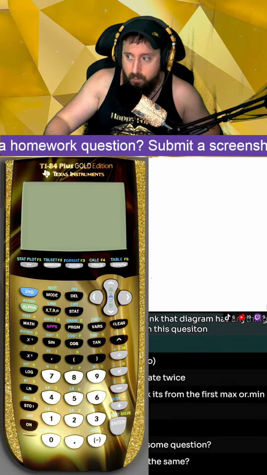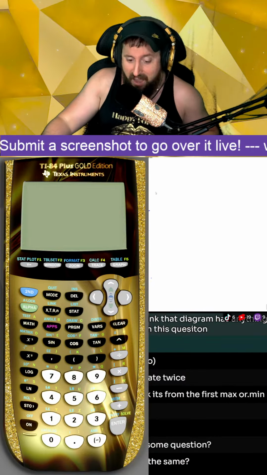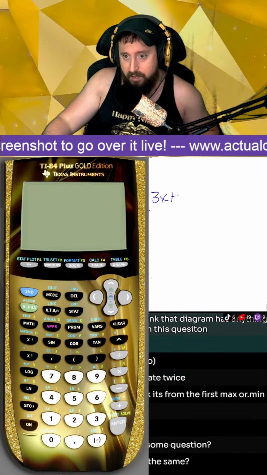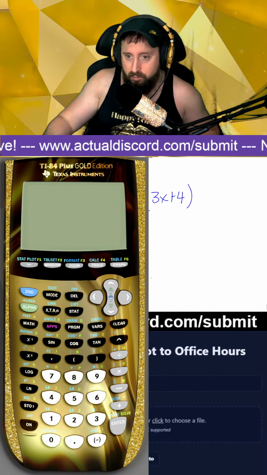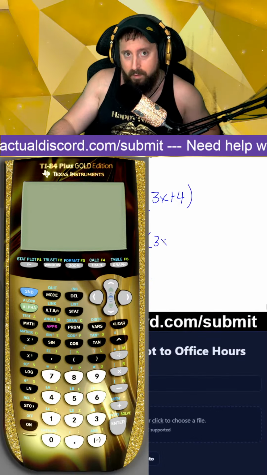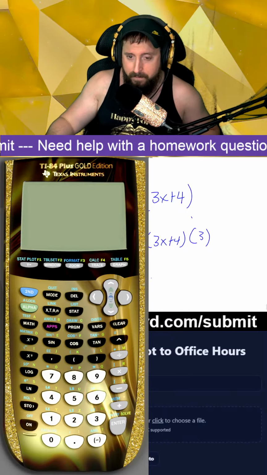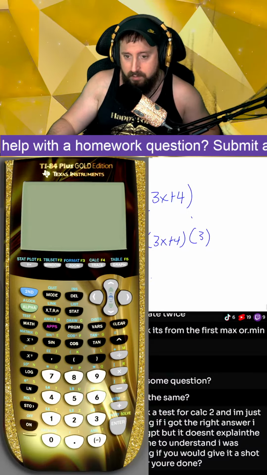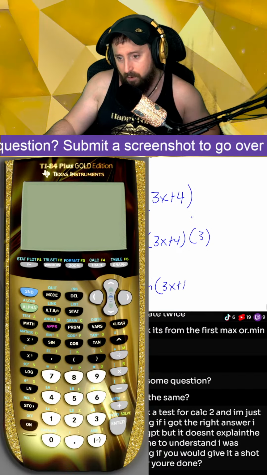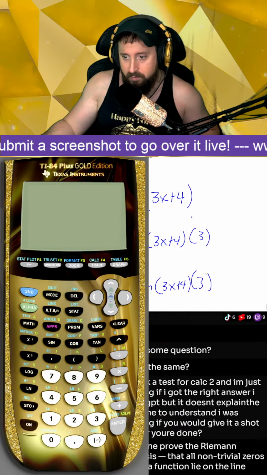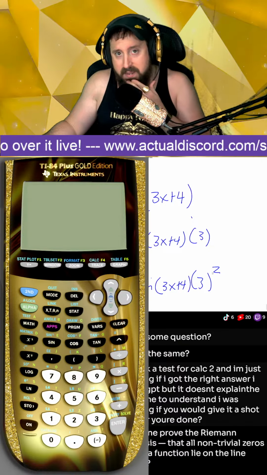Because, for instance, if you have y is equal to sine of, let's just say 3x plus 4, dy dx is equal to cosine of 3x plus 4 times the derivative of what's inside, which is just 3. And then d squared y dx squared would be equal to negative sine 3x plus 4 times 3 times the derivative of what's inside, so times another 3, so that's like 3 squared.